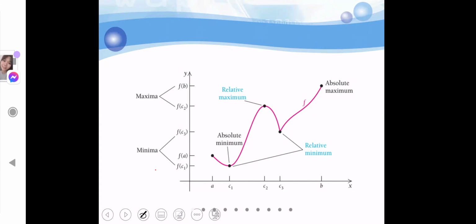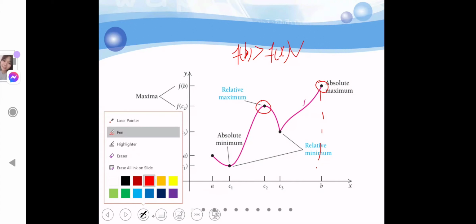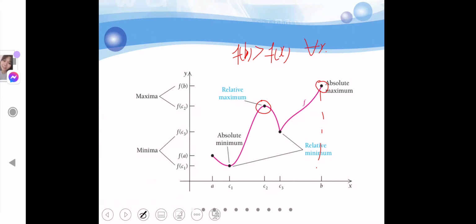For example, in this graph, this point B is an absolute maximum, and this point is a relative maximum but not an absolute maximum. Absolute maximum at B means f(x) is less than f(B) for all x belonging to the domain of this function.